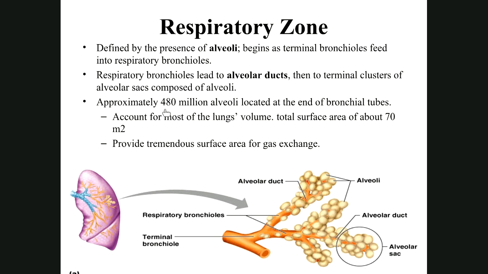There are about 480 million alveoli located in our lungs. Just remember, the terminal part of the respiratory zone is the alveoli, and it has the duct. The duct is attached to the alveoli. It is called alveolar ducts. So this is clear here.